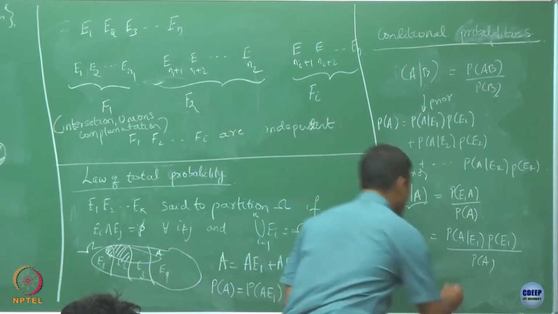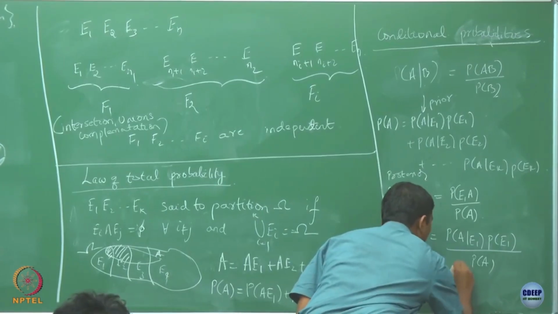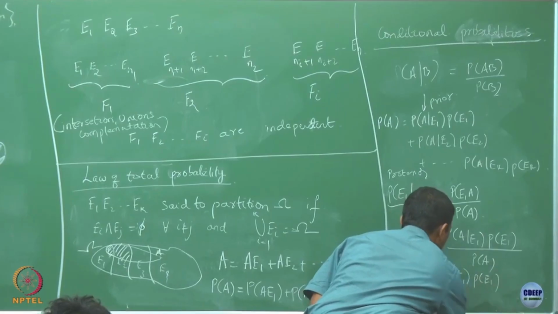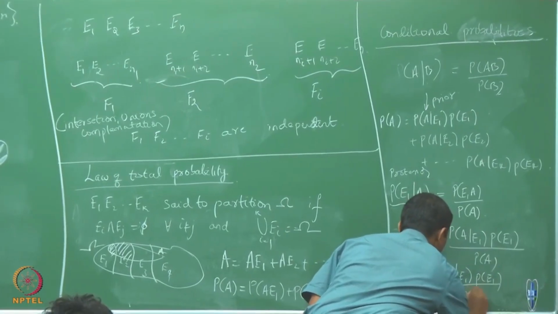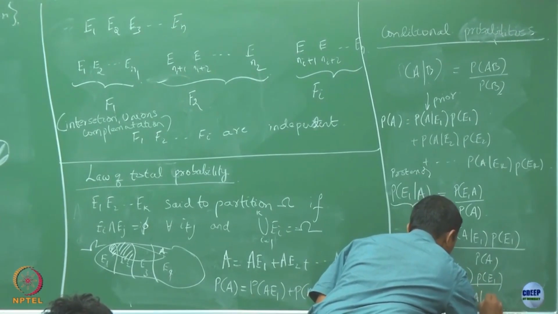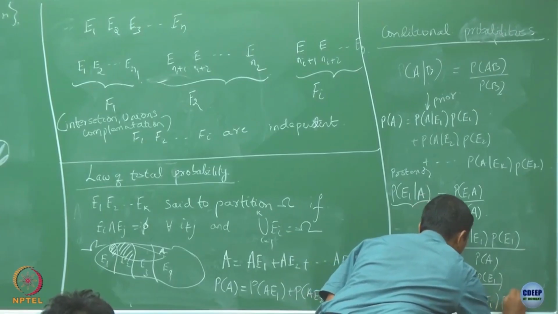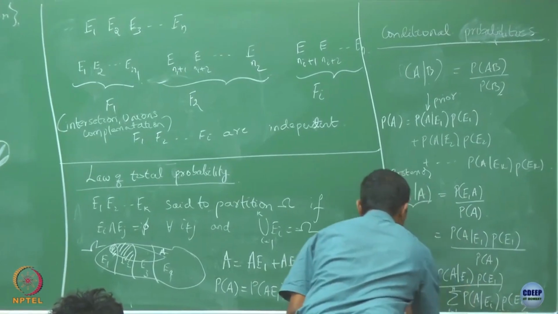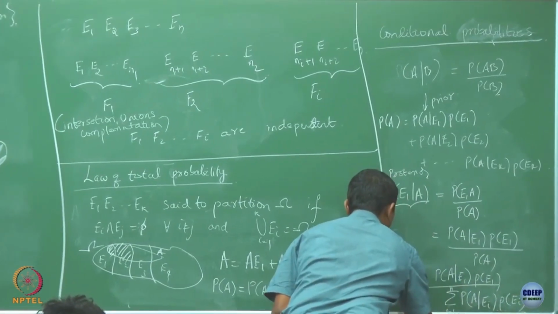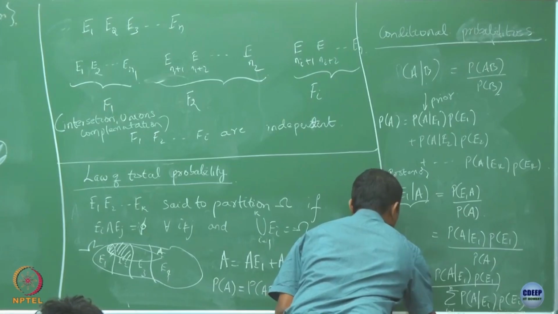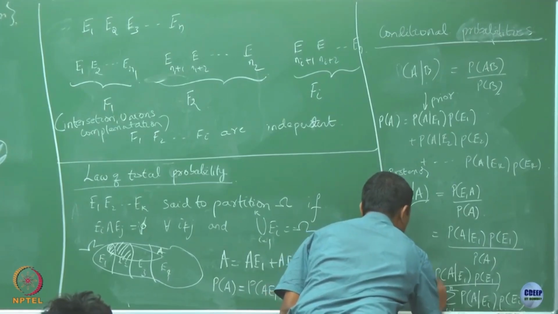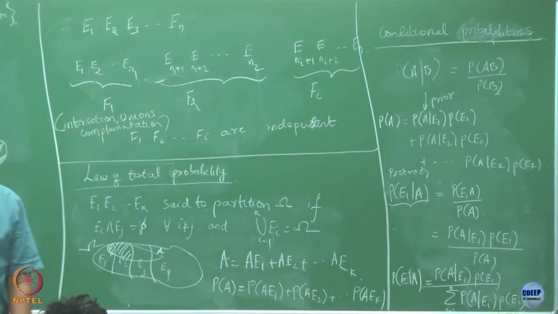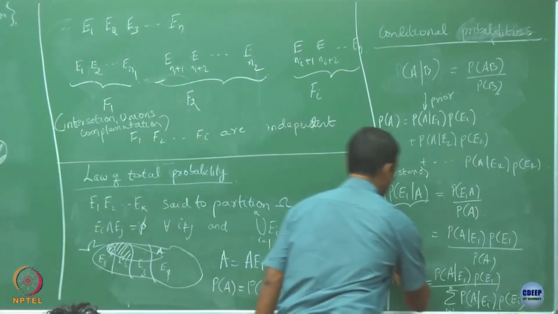So I write it as the sum over i of P of A given Ei into P of Ei. And this is what we call Bayes formula.